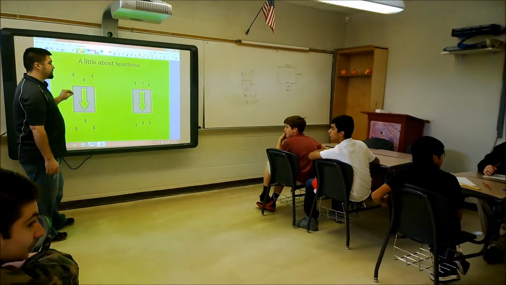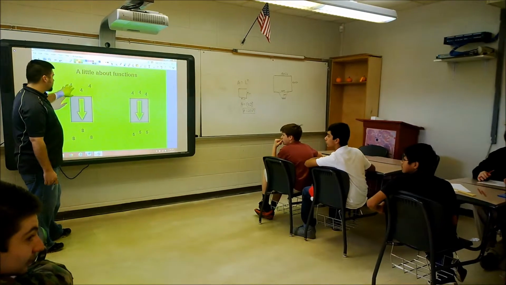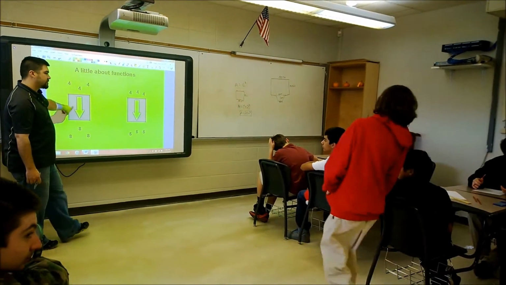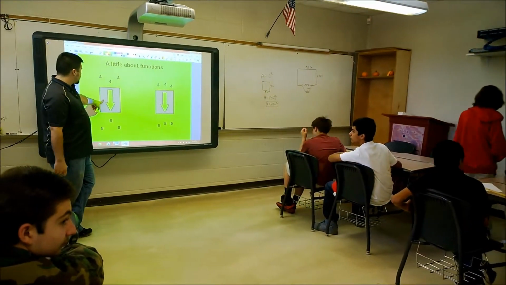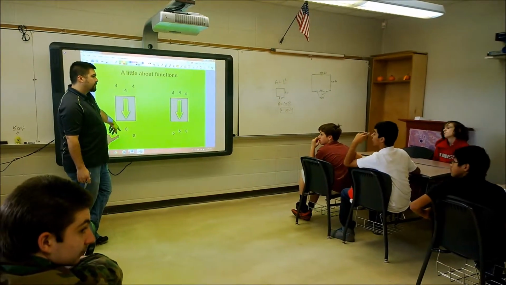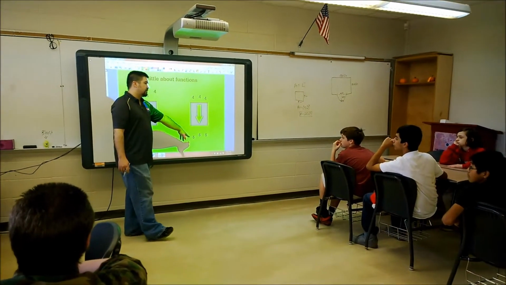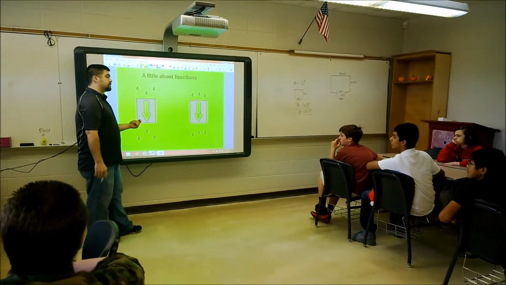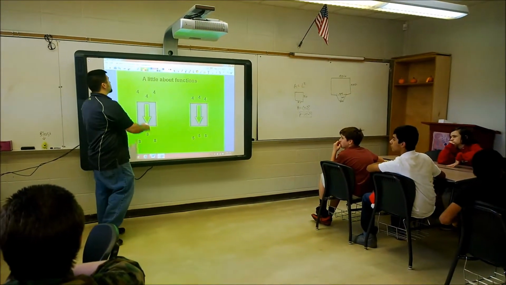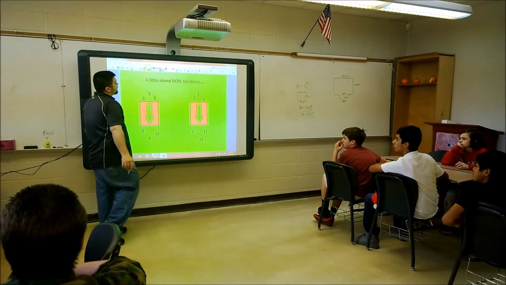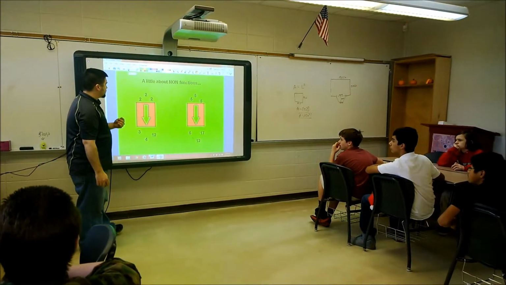Both of these are functions, because every time I put a 4 into the first function box, I'm expecting an 8 to come out, and from the second box, if I put a 4 in, I expect a 5. So they're predictable. Functions are predictable.